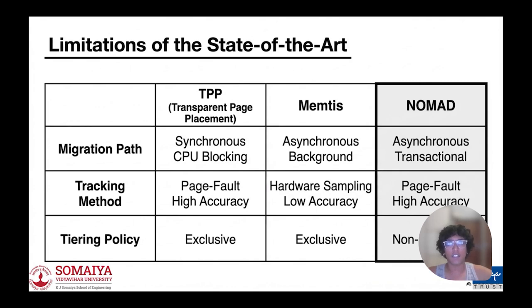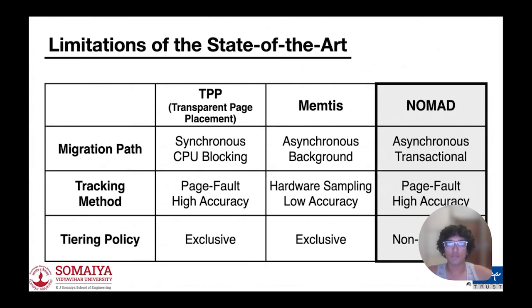So what do these existing systems do? The main comparison points here are TPP, transparent page placement, which is the Linux default approach, and MEMTIS, a more recent research system. TPP uses page fault based tracking, which is highly accurate, but its migration is synchronous, meaning the application CPU is blocked during migration. Every time a hot page needs to move, the application just waits.